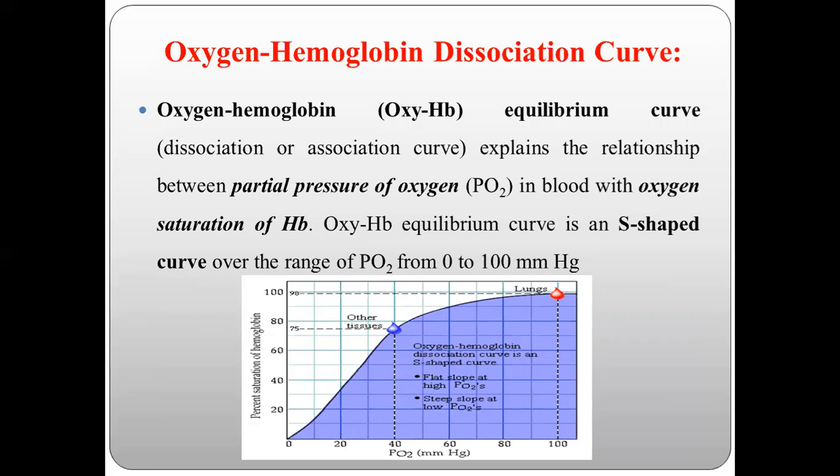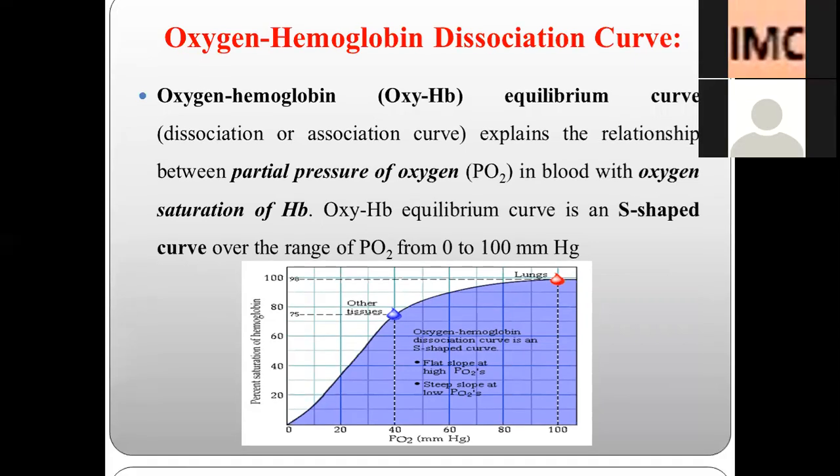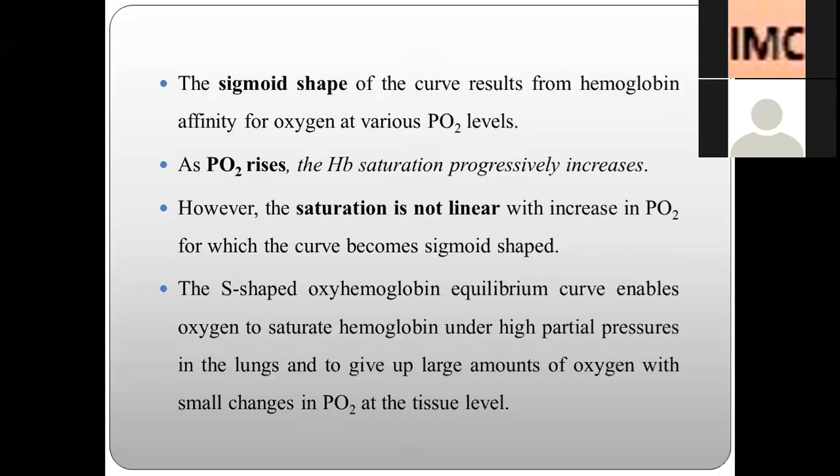This oxygen hemoglobin equilibrium curve is an S-shaped curve over the range of partial pressure of oxygen from 0 to 100 millimeters of mercury. So this is a very common question which can be asked as a long answer question. So you should have a habit of drawing this particular oxygen hemoglobin curve.